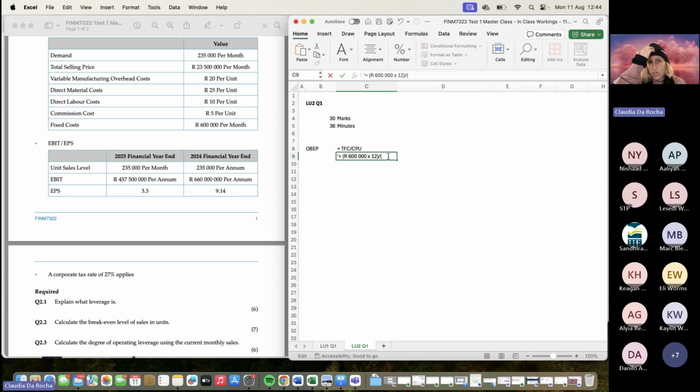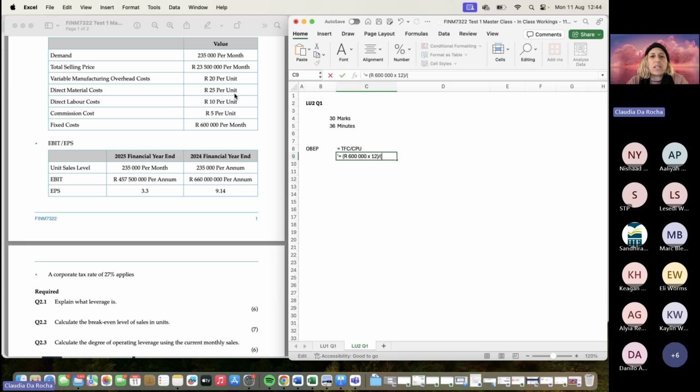So how do we calculate the contribution per unit? We've got a total selling price per month of 23 million basically, and we've got demand of 23,500 units per month. What's interesting here is that we have a per month amount and a unit amount.